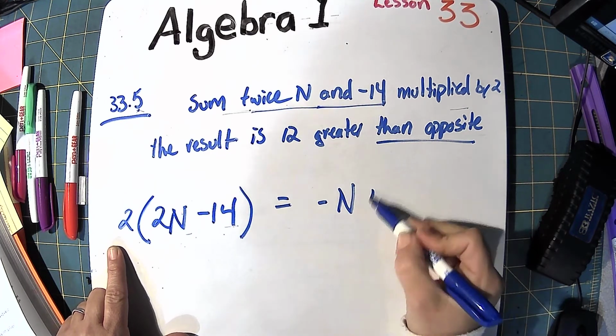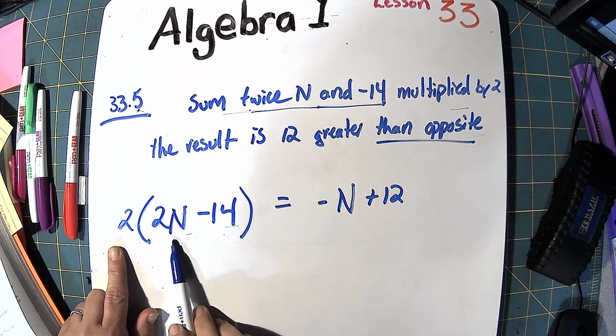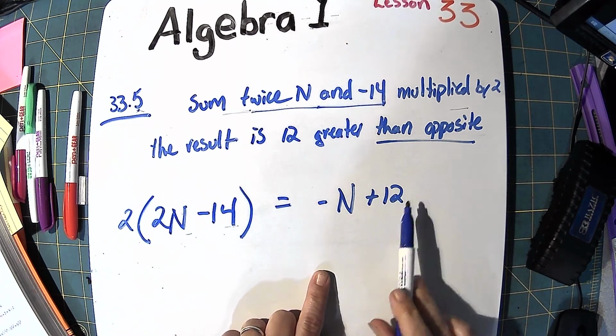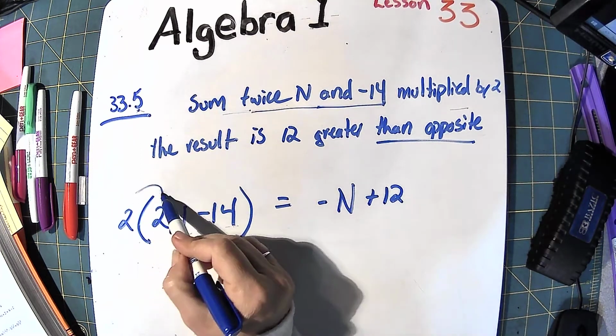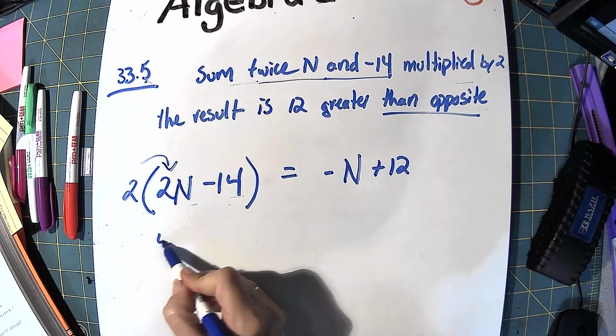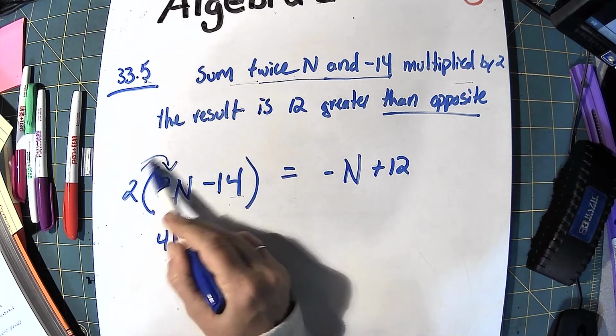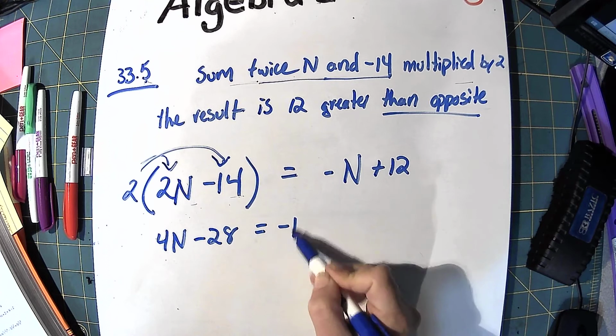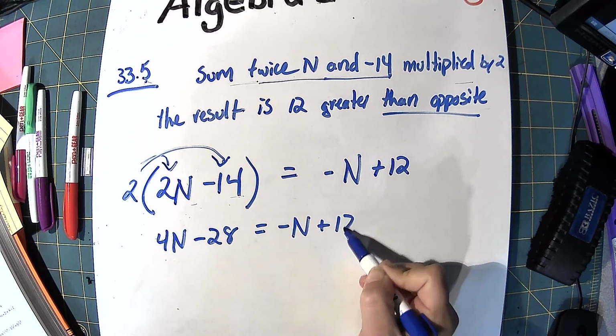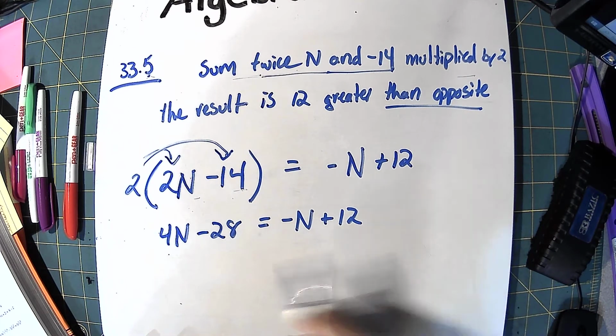So it's saying that the result of all this is 12 greater than this. So we've got to add 12 on this side to make it even. This is 12 more than that. So we add 12 here to even it out. All right, now we can solve by, first we rainbow. 2 times 2 is 4n. And then 2 times negative 14 would be negative 28 equals negative n plus 12. And then we're going to add 28.